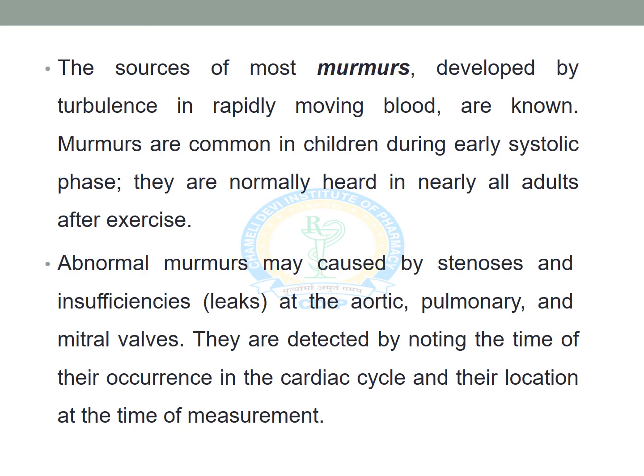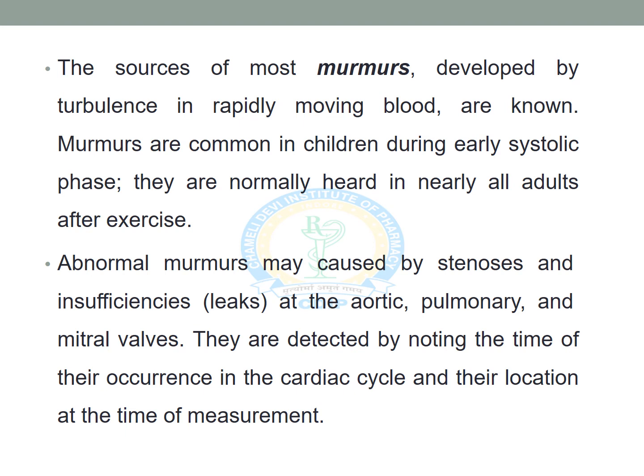The sources of most murmurs, as we have already discussed, are the turbulence in rapidly moving blood, and in children during the early systolic phase they are normally heard, and in nearly all adults after exercise. Abnormal murmurs may be caused by stenosis and insufficiencies or leakage in the valves.